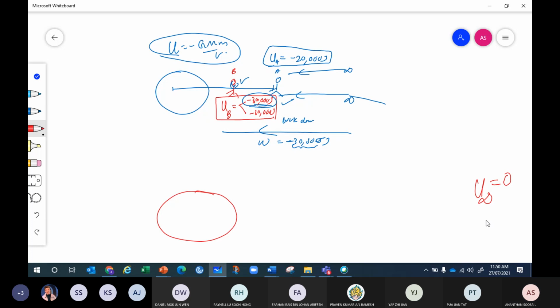Zero. Potential energy at infinity will be zero. No work done, because work done from infinity to infinity is zero. When you get closer, the potential energy becomes more negative. At the surface, your potential energy is highly negative.